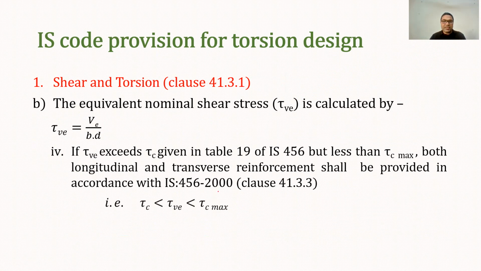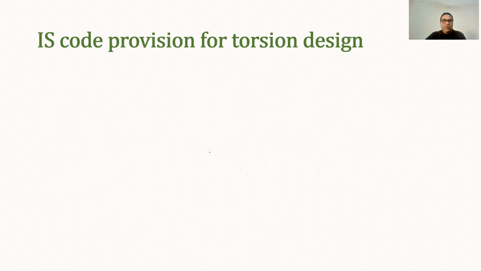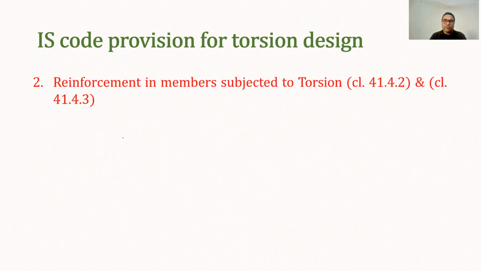So basically this is the case: when tau VE is more than tau C but less than tau C max, we provide longitudinal as well as transverse reinforcement. Now we will see what reinforcement we provide for the torsion, referring to this clause and this clause for further information.